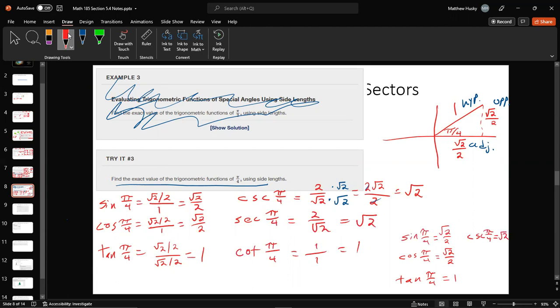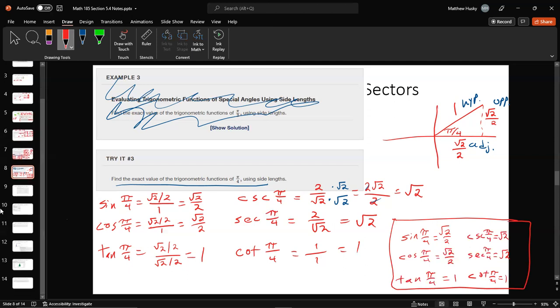The secant of pi over 4 is also the square root of 2. And then the cotangent of pi over 4 also happens to equal 1. So there you have it. There is that one. All 6 trig values. Okay.